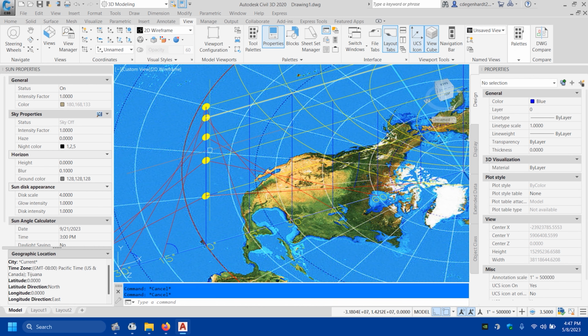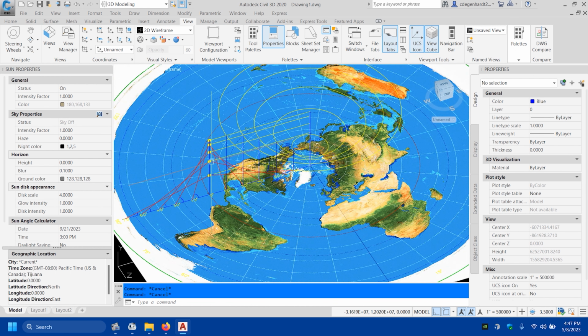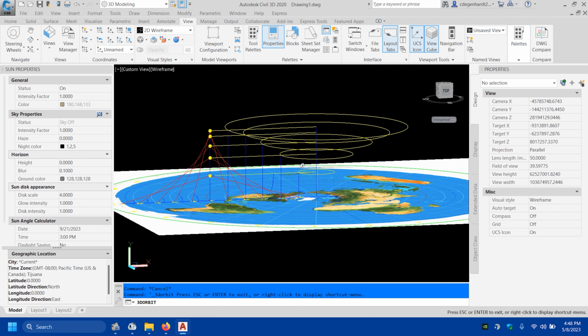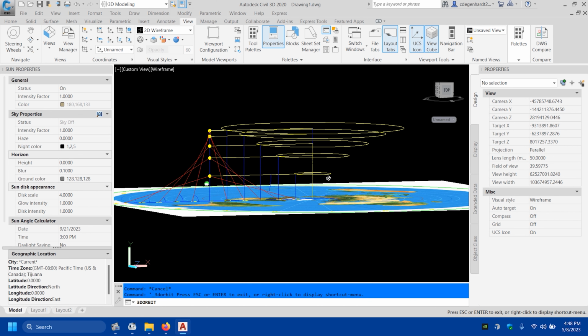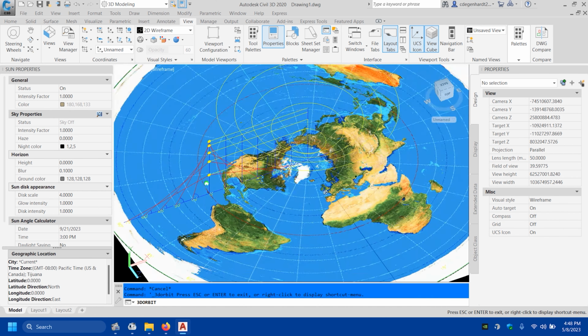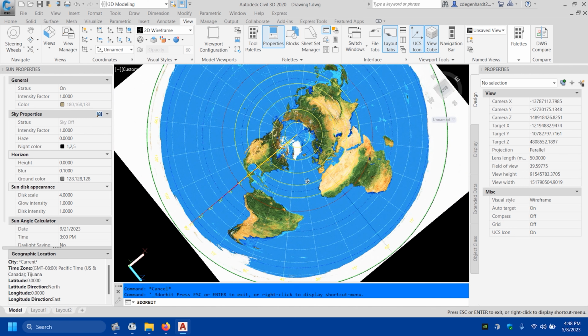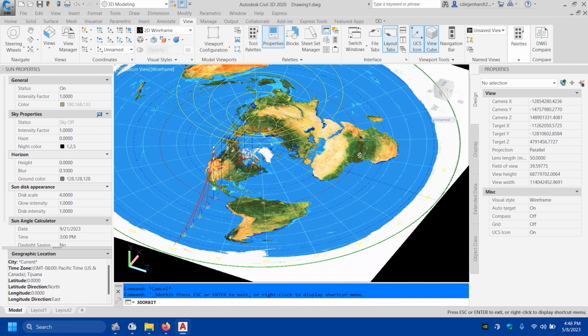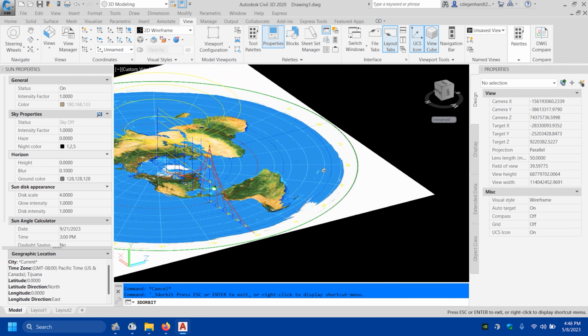It just doesn't do that. Why would the sun go around and create these different heights like that? It's just not. This is not how it works.